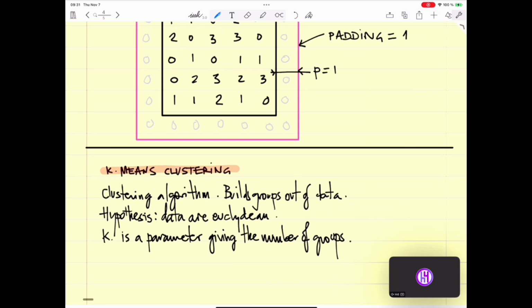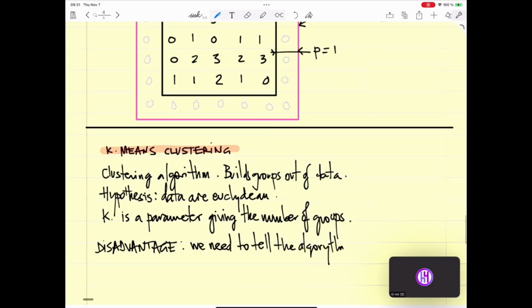So the disadvantage of this method is that we need to tell the algorithm how many groups we want.